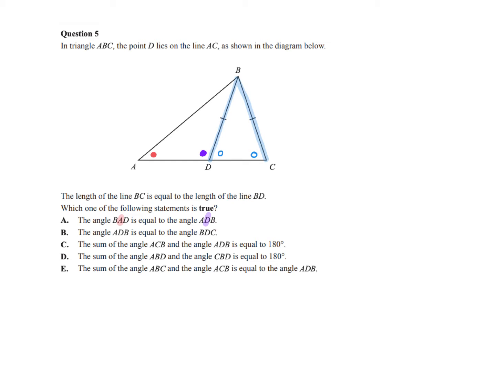So let's have a look. Let's keep going. We can't really tell. We can't be for sure. Well, you can sort of see they're not, but let's keep going. We'll come back to that. Angle ADB, so that was the purple one, is equal to angle BDC. So BDC is this one here.